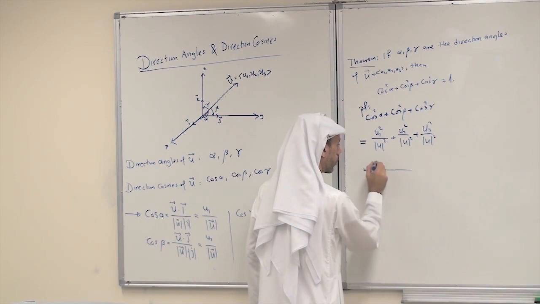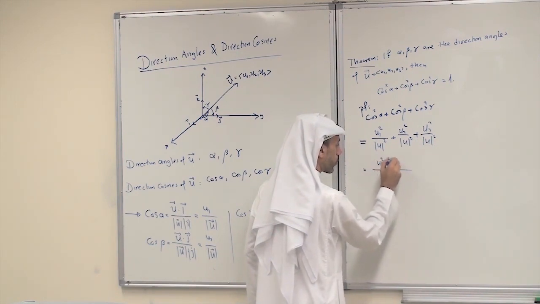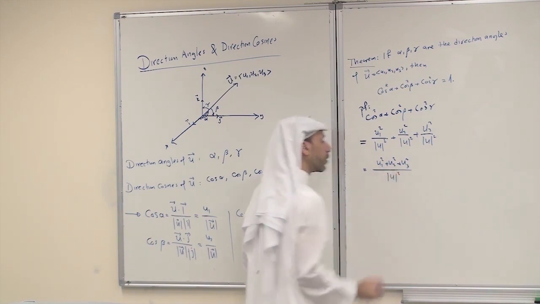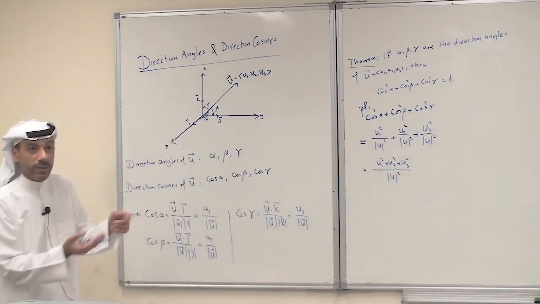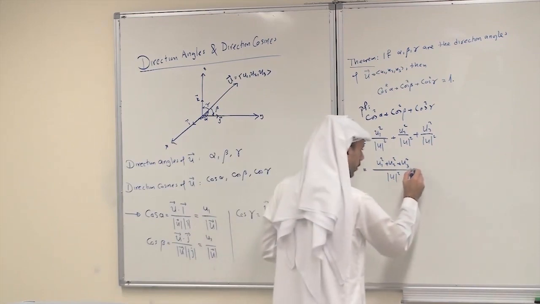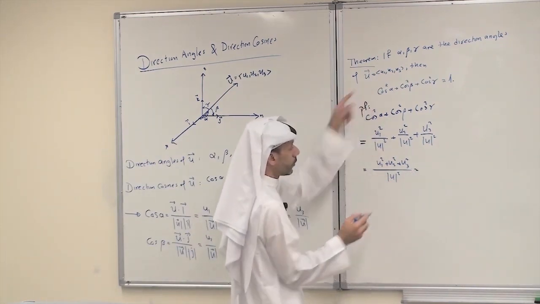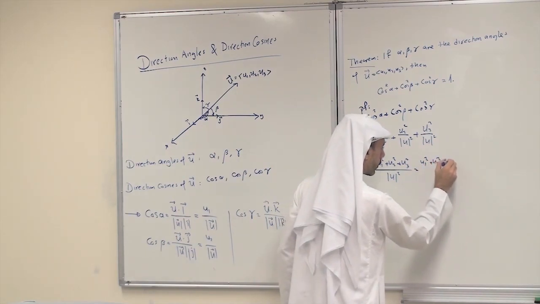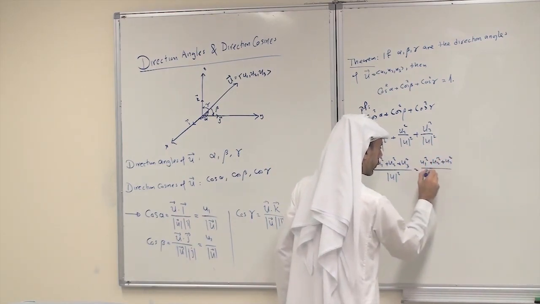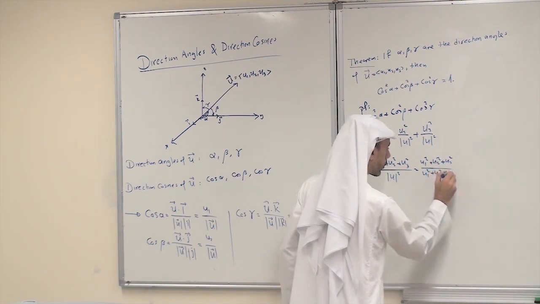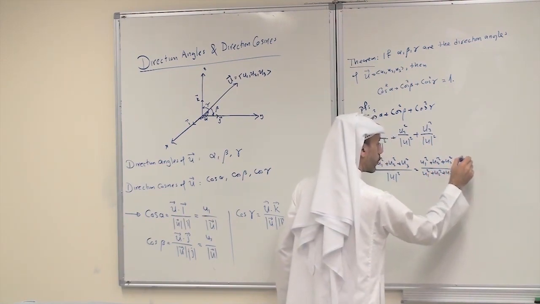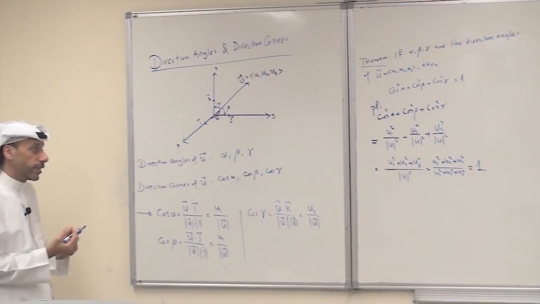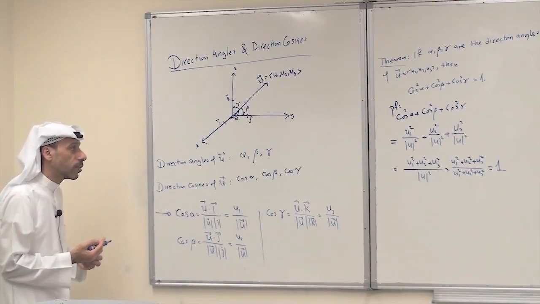And this is just u1 squared plus u2 squared plus u3 squared over the magnitude of u squared. But what is the magnitude of u squared? It is just u1 squared plus u2 squared plus u3 squared. So we get that over itself, and this is just 1. So this is the relation between the direction cosines of a vector.